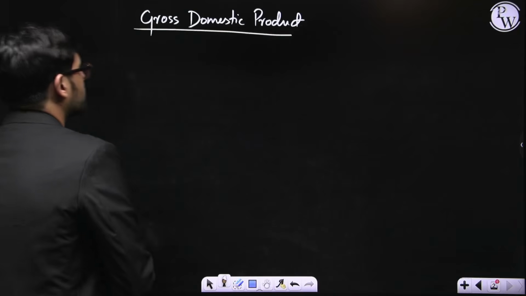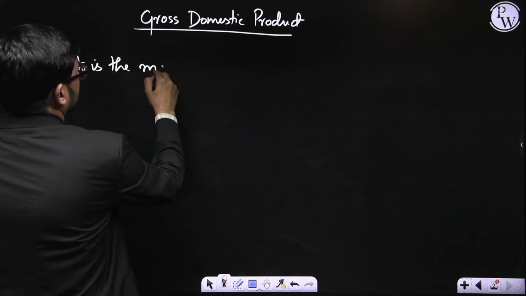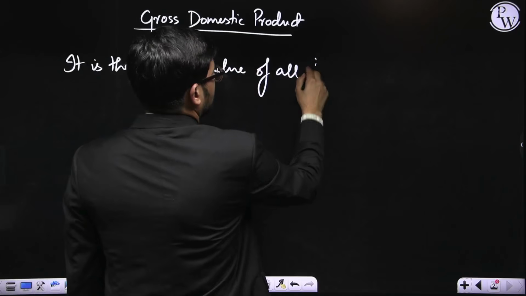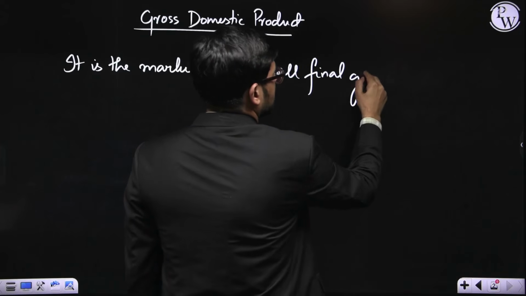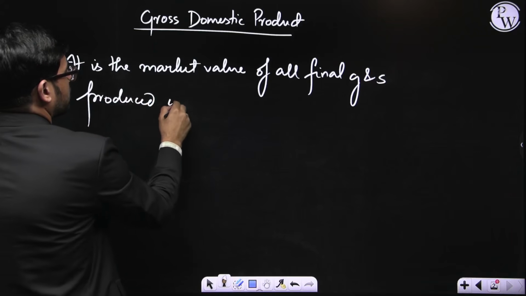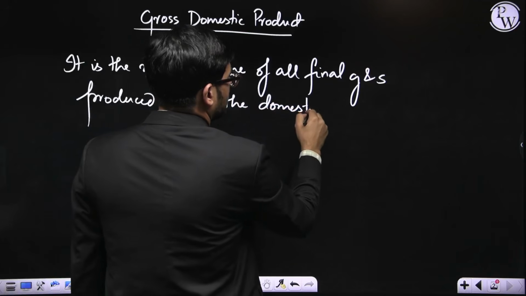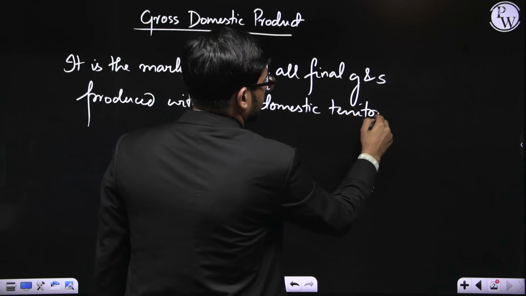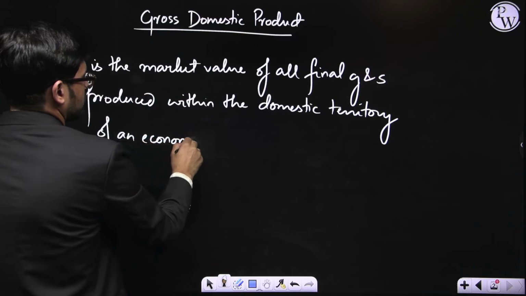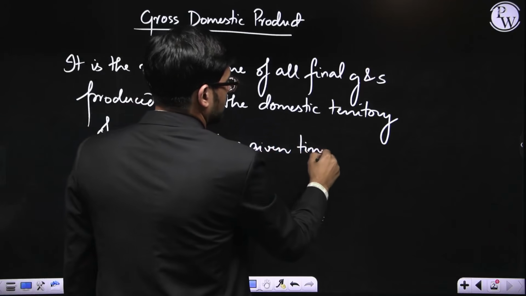The definition of gross domestic product is, it is the market value of all final goods and services produced within the domestic territory of an economy in a given time period.